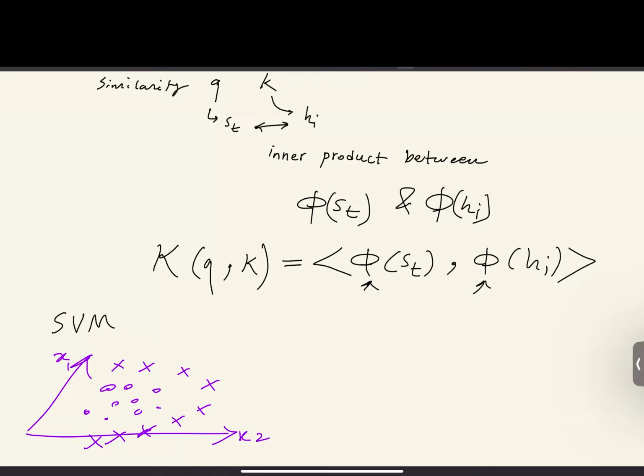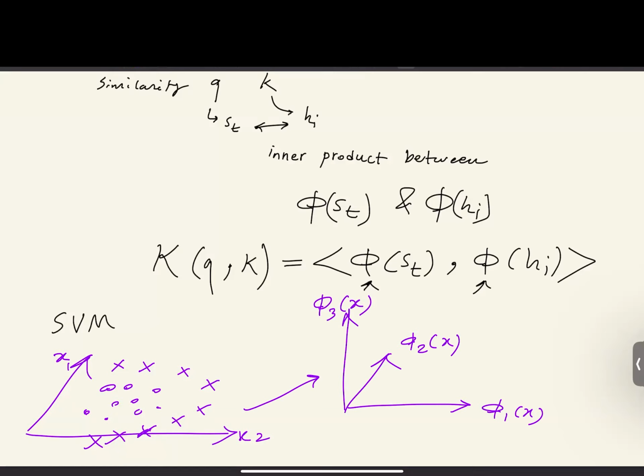In support vector machine, what we did was to find a higher dimensional space, let's say phi1 of x, phi2 of x, and phi3 of x, where things are separated. Let's say here you have this separation like this. Now with a simple plane between them, we can separate them.